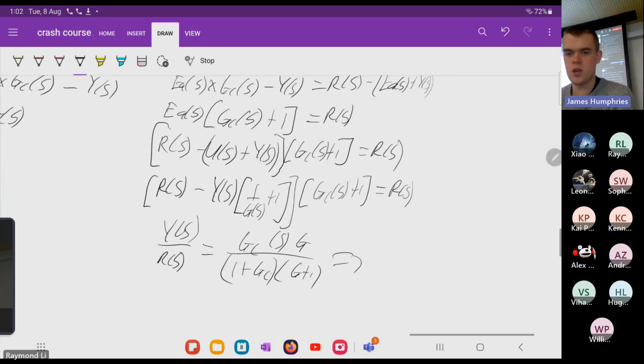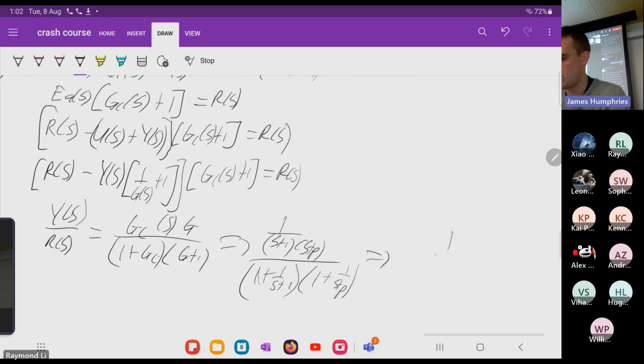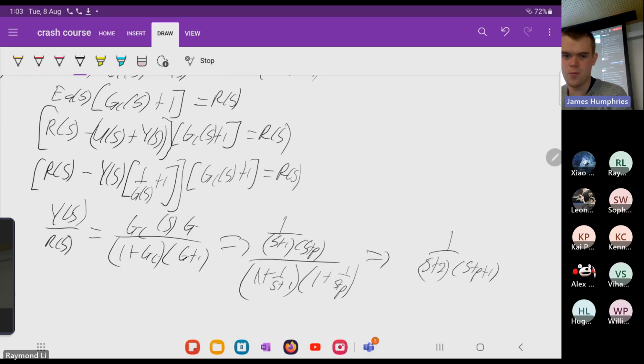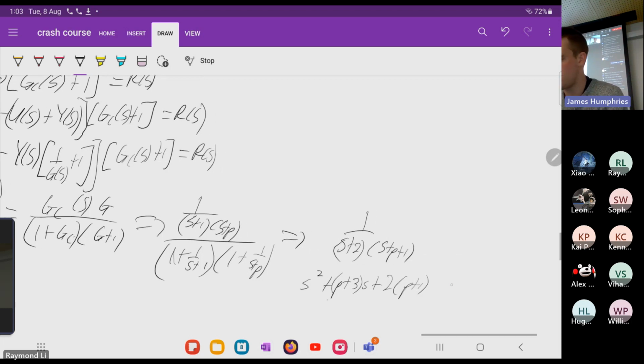Okay, which will then get you 1 on S plus 1, S plus P, all over 1 plus 1 on S plus 1, 1 plus 1 on S plus P, which gets you 1 on S plus 2, S plus P plus 1, and so therefore you'll end up with S squared plus P plus 3S plus 2 lots of P plus 1, and then range of stability.